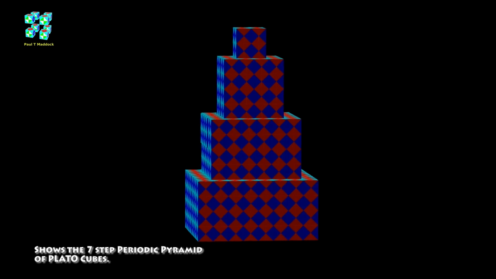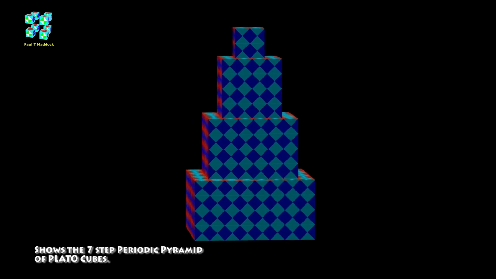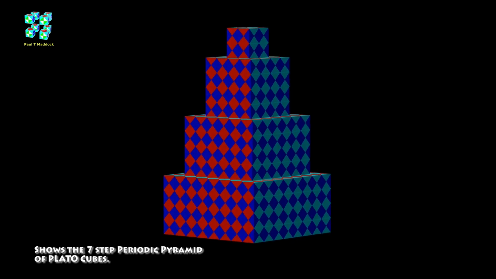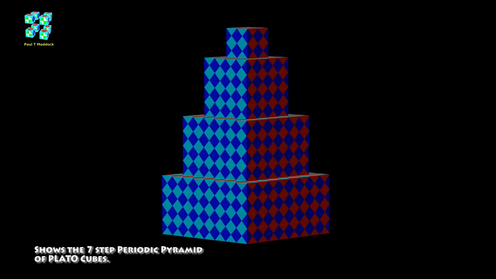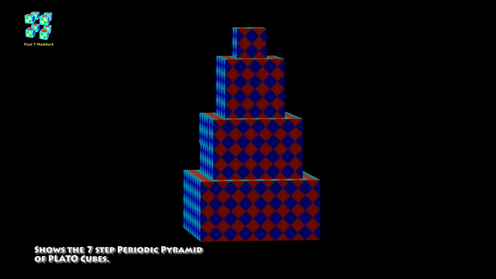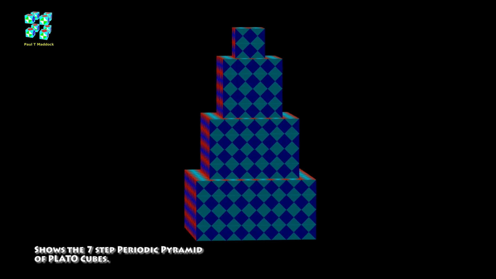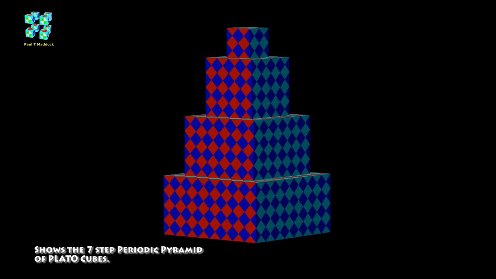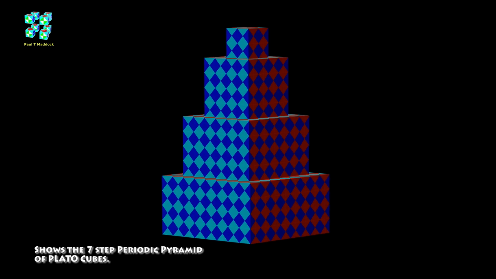So now I'm going to show a rotation of the Plato periodic pyramid. This setup is exactly the same as the Bucky cubes, because if you look at the outlines, there's 1 Bucky in the center of 8 Plato cubes.